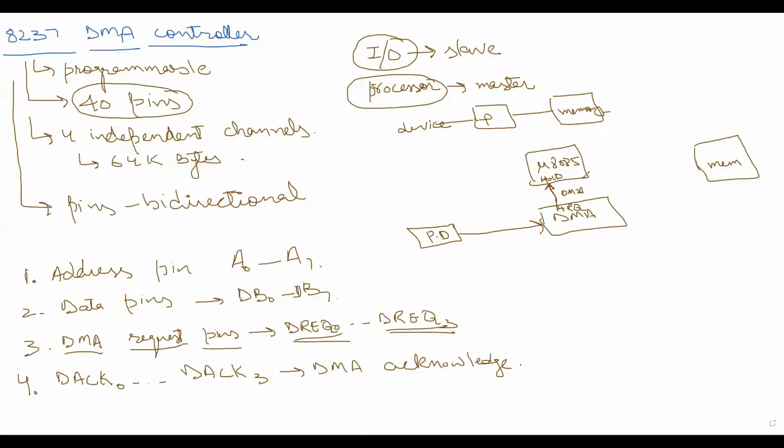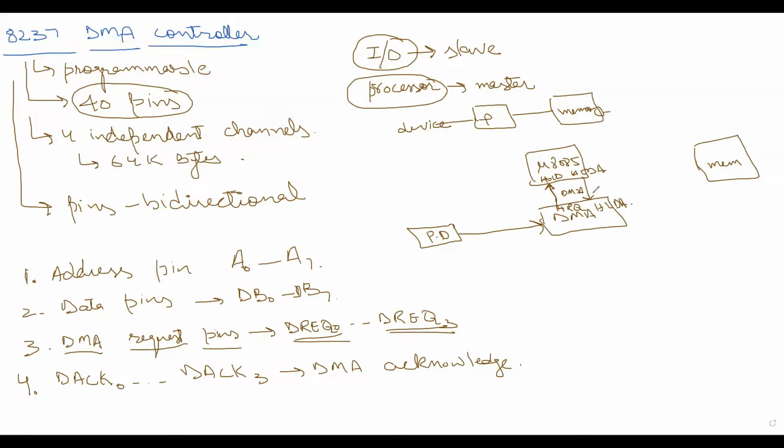And we know that it will send an acknowledgement through the HLDA pin, the hold acknowledgement pin of microprocessor 8085. Likewise, we have such a pin in the DMA controller also, the HLDA pin. You can see the HLDA pin in 8085 is an output pin, and the HLDA pin in the DMA controller is an input pin.